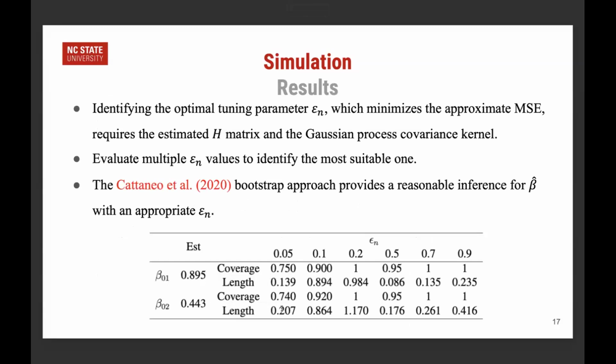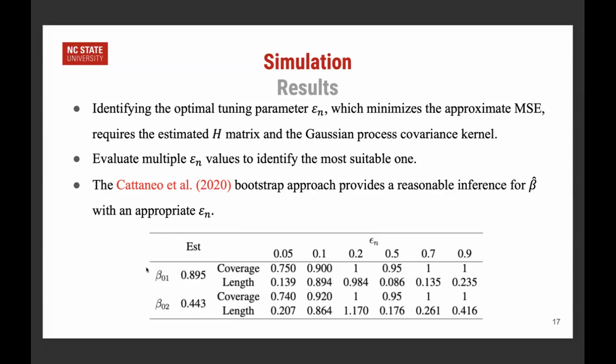As we mentioned before, in the Hn matrix, there is one tuning parameter epsilon. If we want to identify the optimal tuning parameter epsilon, which minimizes the approximate MSE, the optimal epsilon value actually requires the estimated H matrix and the estimated Gaussian process kernel, which is a challenge and even unachievable in reality. Therefore, we evaluate multiple epsilon values to identify the most suitable one.